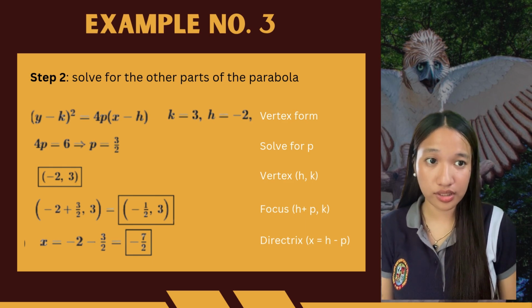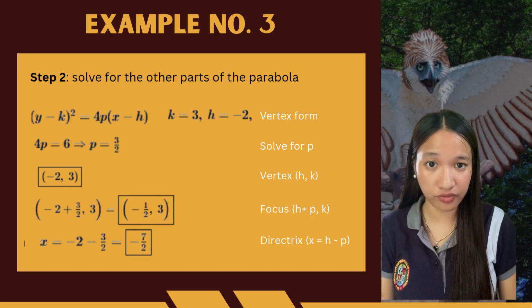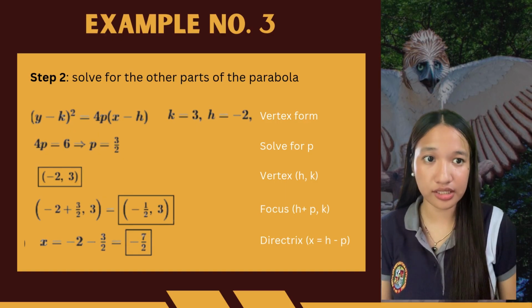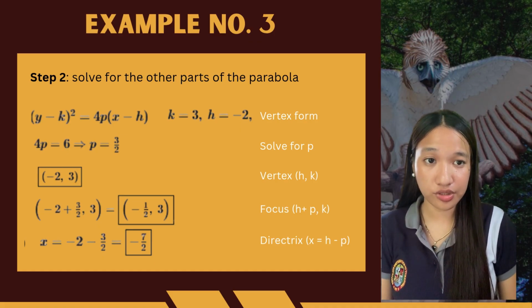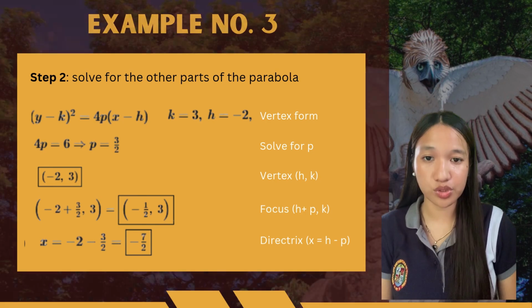So the focus is h plus p and k, so our h there is negative 2, and our p there is 3 halves, and our k is 3. So we have negative 1 half and 3. And let's do the directrix. So directrix is x is equal to h minus p, so our h there is negative 2, and our p there is 3 halves. So negative 2 minus 3 halves is equal to negative 7 over 2.